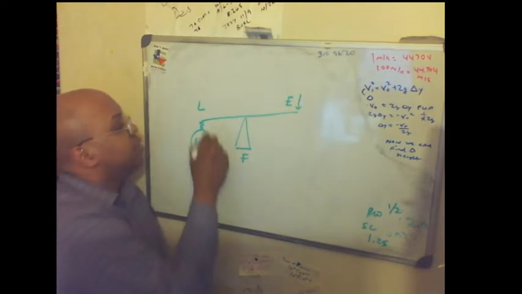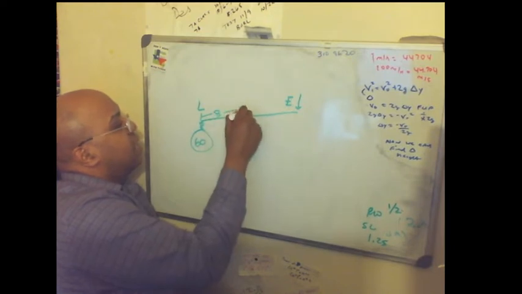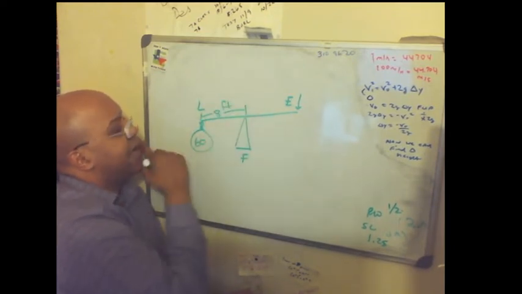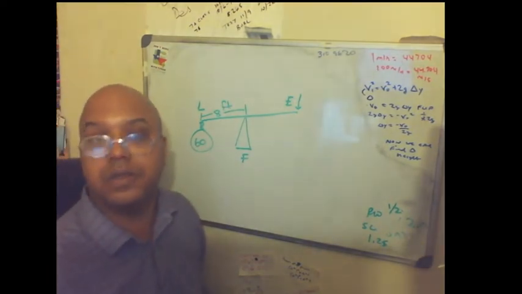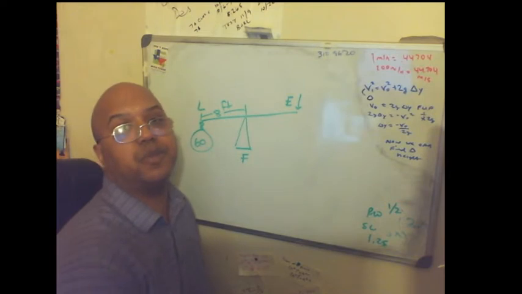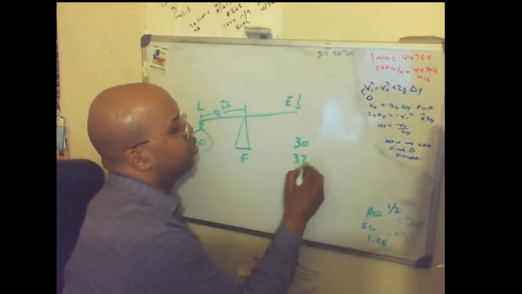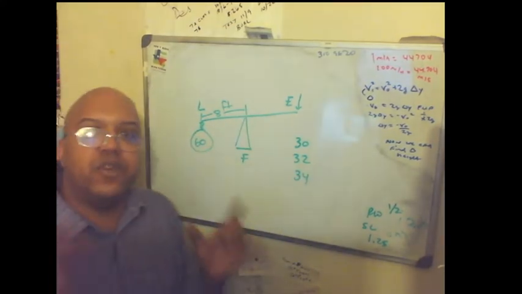And it appears to be 8, let's say feet. Let's say 8 feet away. All right. So our answers are 30 pounds, 32 pounds, or 34 pounds. Now, this is how I need you to look at these questions.